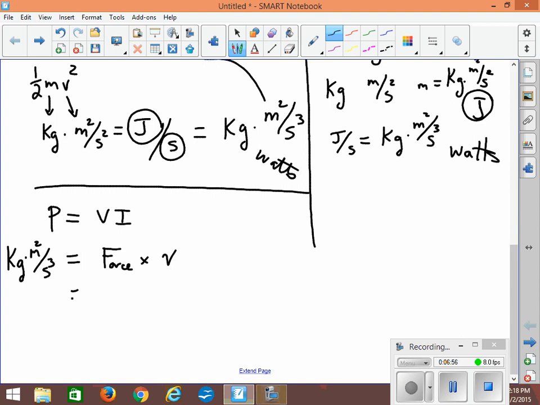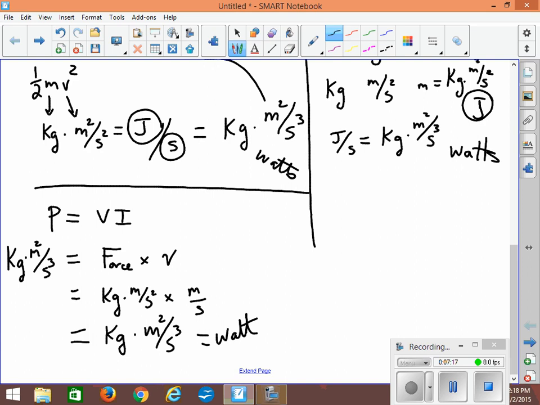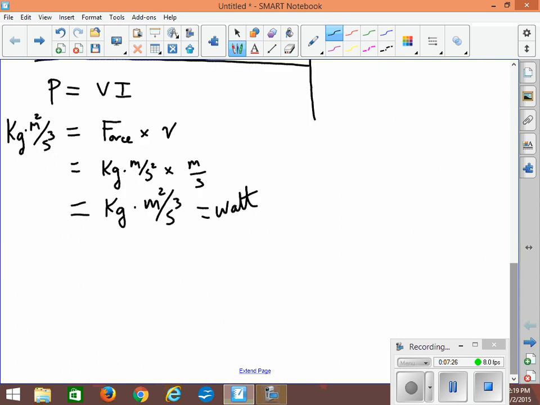And of course, a force is a Newton, so we could write in kilogram meters per second squared for the Newton, and then we would be multiplying by a velocity, which is meters per second, and lo and behold, if you do the multiplication, you get kilogram meters squared per second cubed. So this is also a watt. So you can see how all of these things look very different, but they're all ways of describing power. And so power is simply the rate at which work is done.